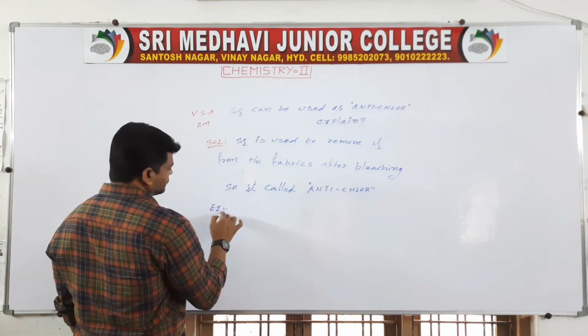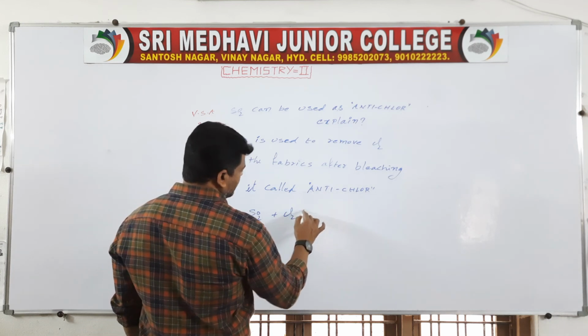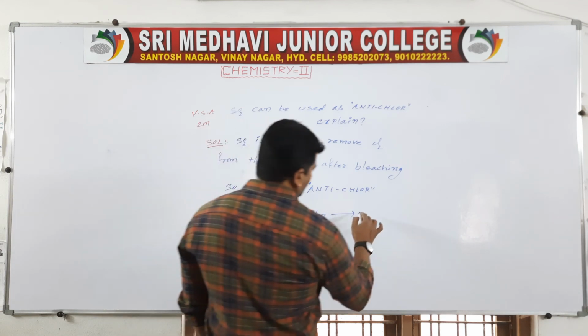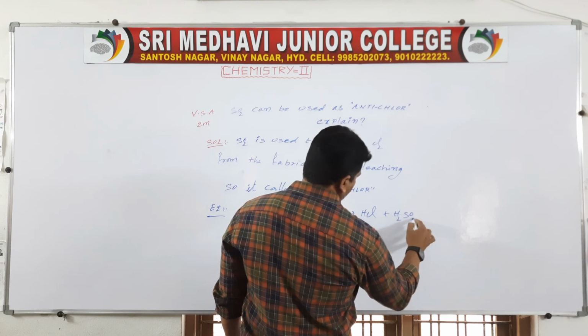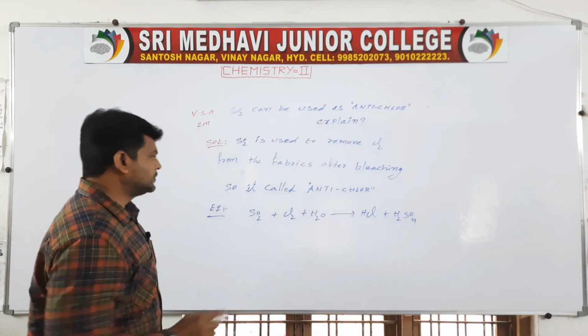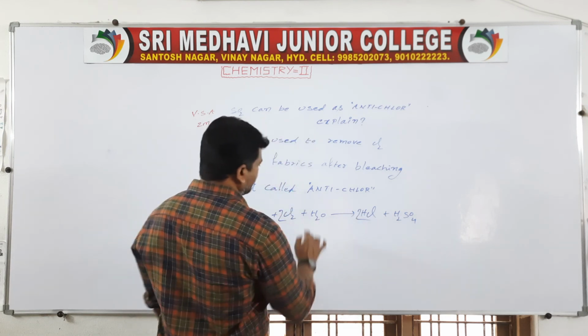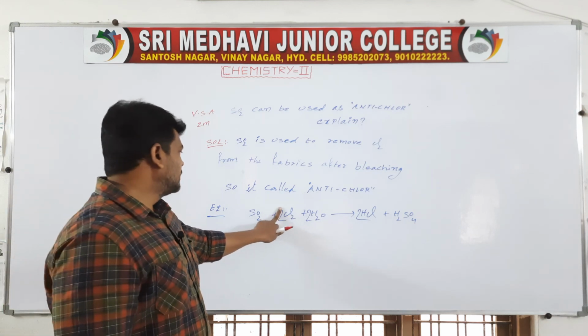Equation: SO2 plus Cl2 plus H2O gives rise to HCl plus H2SO4. If you take 2, that is balanced.